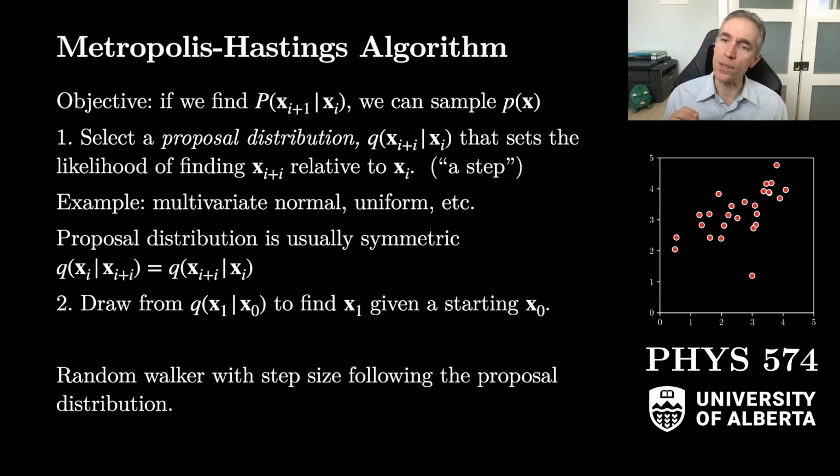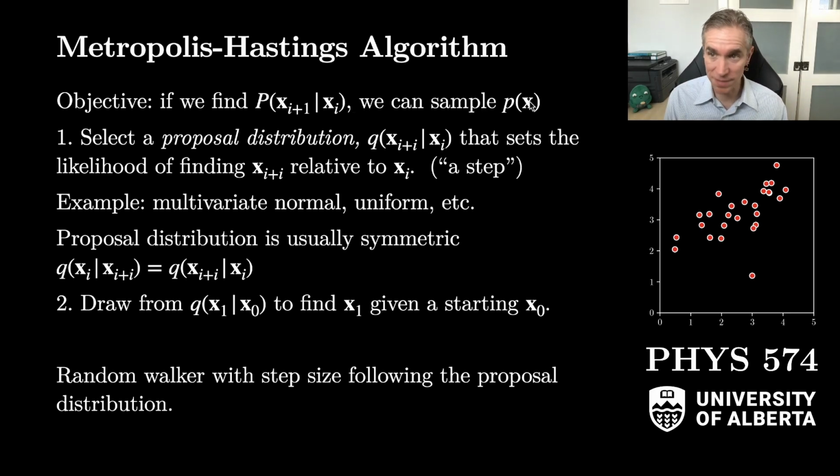What we want to do with our algorithm is to identify a transition probability, P of x_{i+1} given x_i. If we can find this transition probability and use the proof established with the statistical mechanics of this under detailed balance, then we can sample P of x.